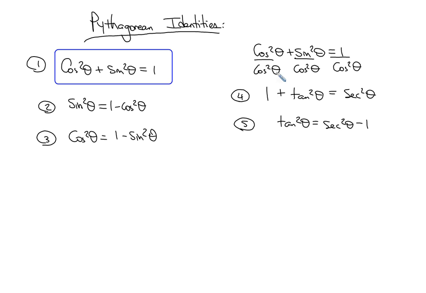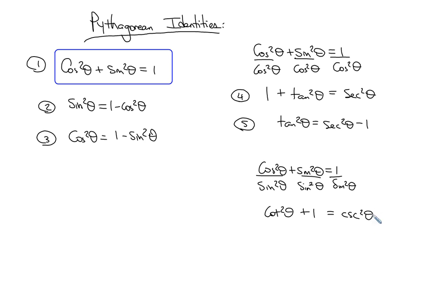Now, if I can do this with dividing everything by cosine squared, what else could I do? Divide everything by sine squared, right? So do you see how quickly you can rederive these if you ever forget them? I mean, how long did it take to derive those? This is cotangent squared plus 1 equals cosecant squared.